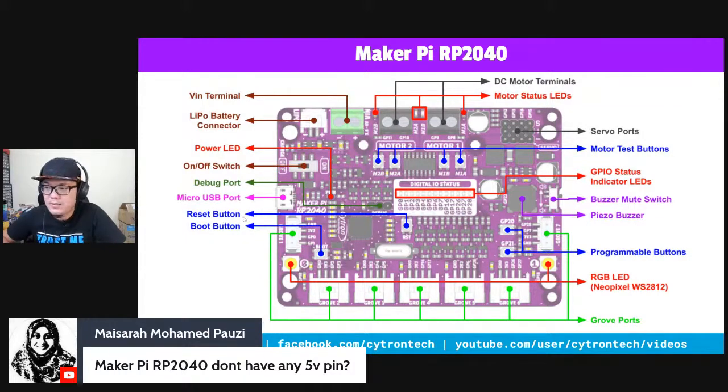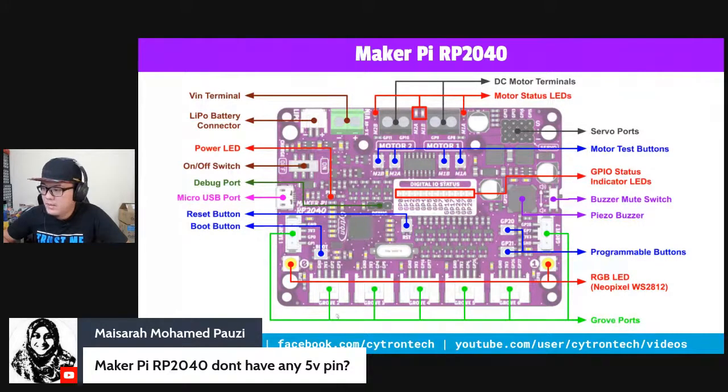Okay, then a reset button to restart the program, boot button to enter the what we call RPi RP2 drive, where you can flash the CircuitPython UF2 file. So this one also later we show the demo.